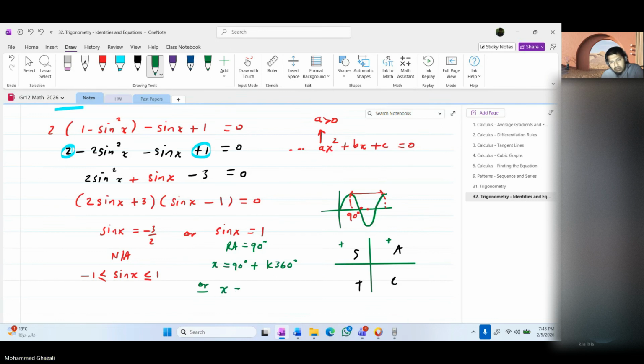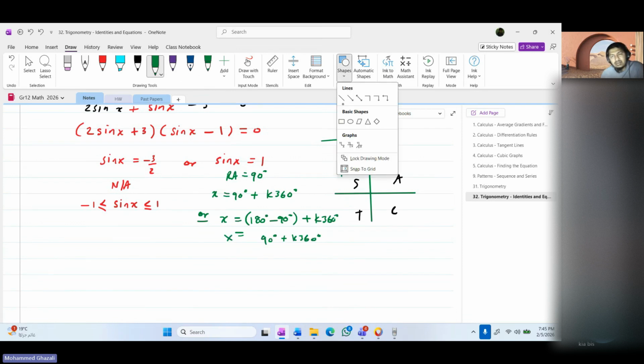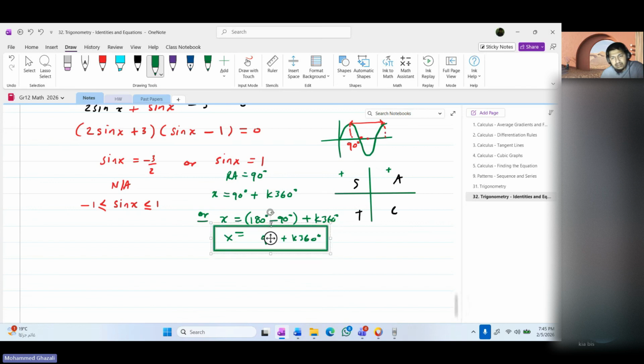Or x is equal to 180 minus 90, which is also 90, plus K360. So which is 90 degrees plus K360. You only get one solution because it's occurring at the maximum point, right?